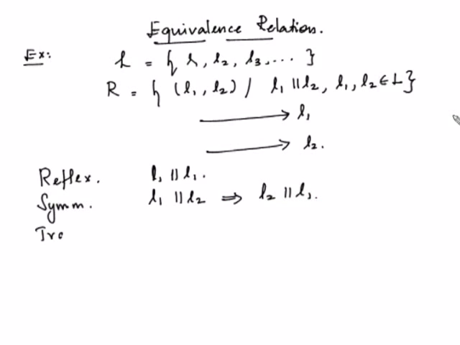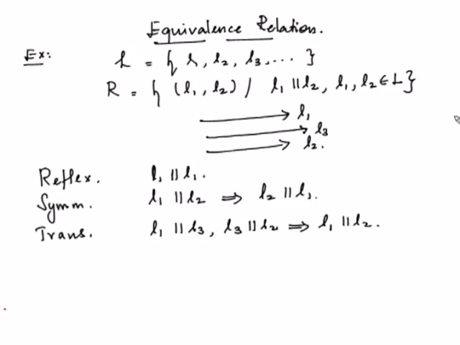Now, to understand transitivity, we consider yet another line L3. If L1 is parallel to L3 and L3 is parallel to L2, it implies L1 is parallel to L2. Therefore, transitivity is also satisfied and hence R is an equivalence relation.